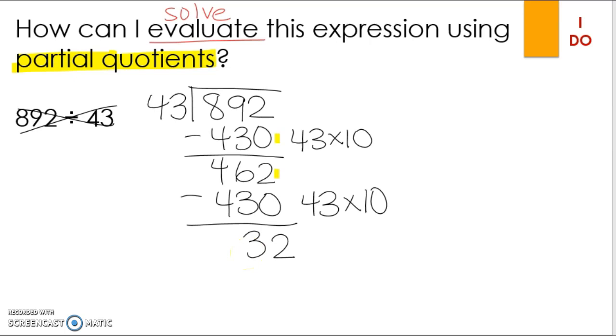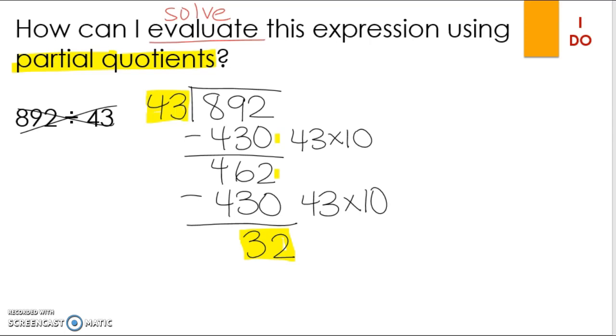And I notice that I cannot divide 32 by 43. Another way to say that is I know that 43 does not go into 32 and give me a whole number. So I know that 32 is going to be my remainder.